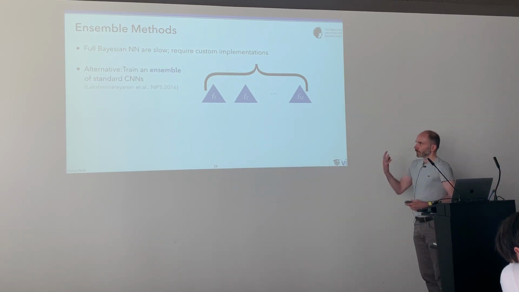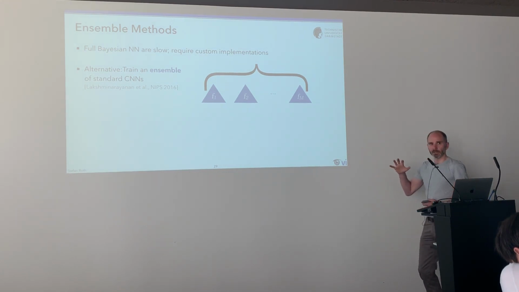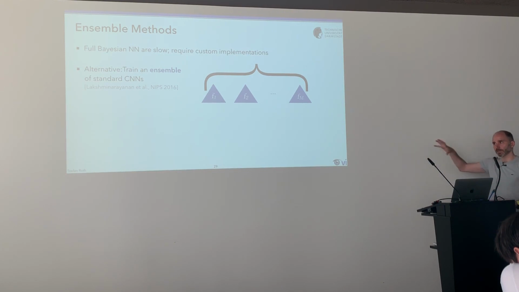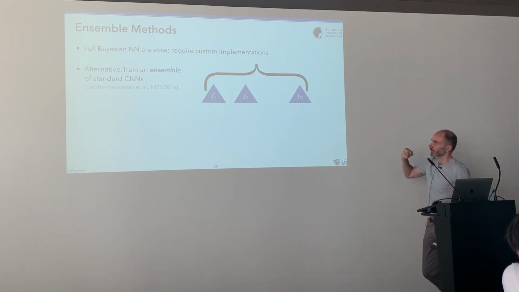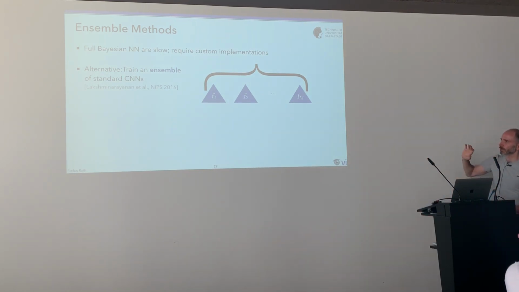But we can use all the training methodology that we have and train an ensemble of standard CNNs, taking different instantiations of exactly the same network that I would always use, and use that to gauge the uncertainty. Okay, now I'm getting in trouble with pronouncing that name. Lakshminarayanan proposed an ensemble of standard CNNs, NIPS 2016.